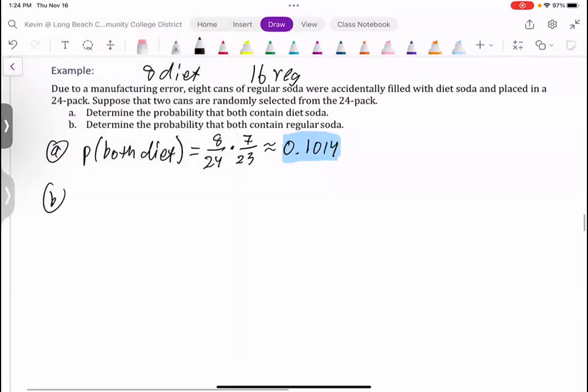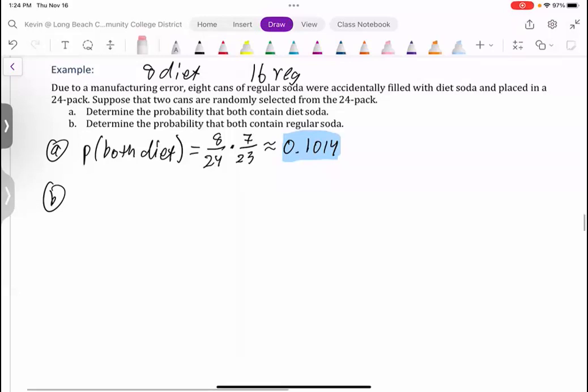Or B. What's the probability that they are both regular? Well, there are 16 regular to start out of the 24. And after we've taken that out and drank it, there are only 15 left out of the remaining 23.